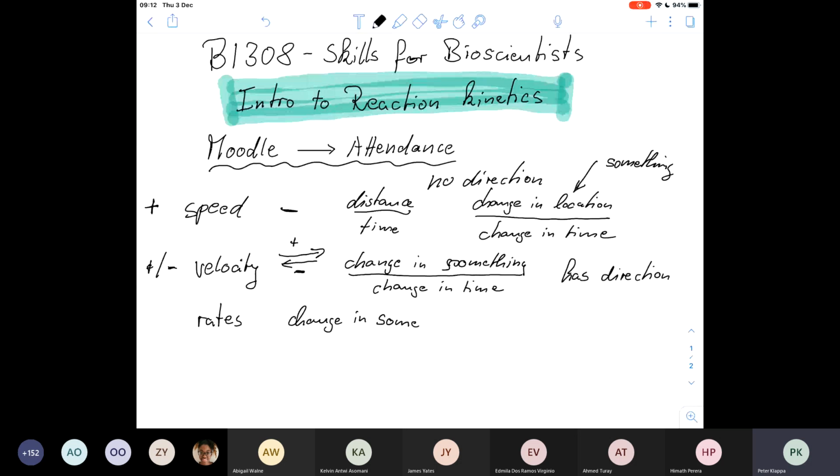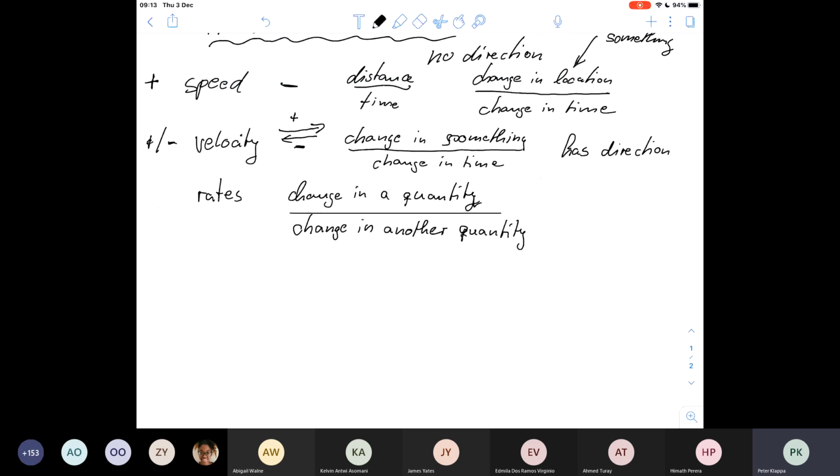Change in quantity divided by the change in another quantity. That sounds really abstract, but that's a very general definition.